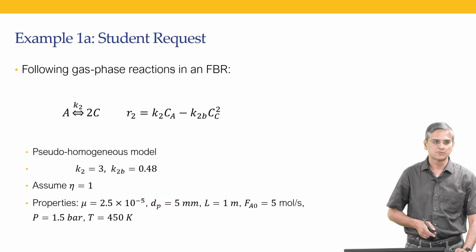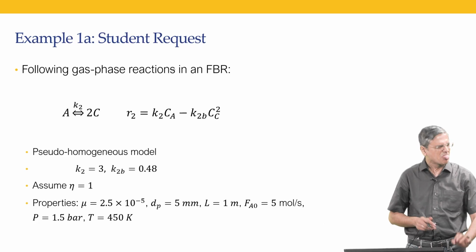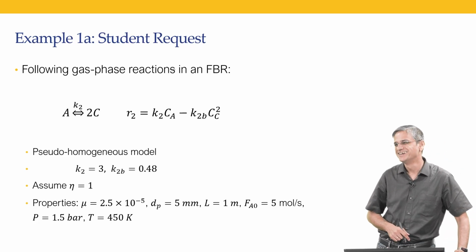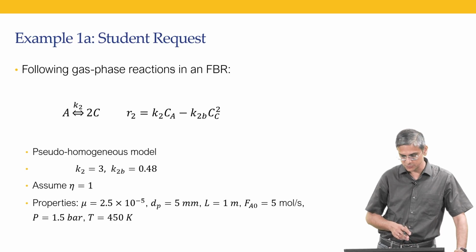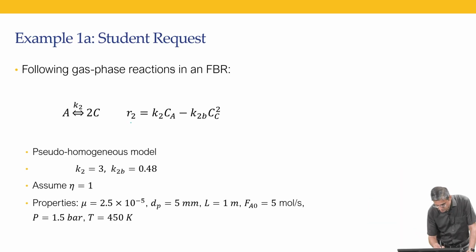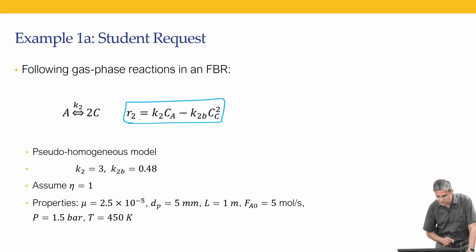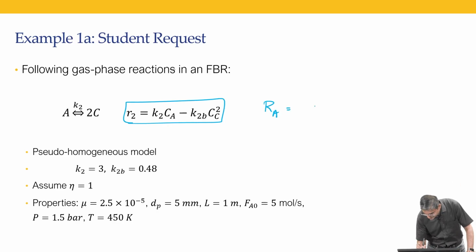We have solved a similar problem earlier using Fortran, using Excel. That was A going to B reversibly. This is A going to 2C. Here R2 is this. RA is minus 1 multiplied by R2. RC is 2 multiplied by R2.